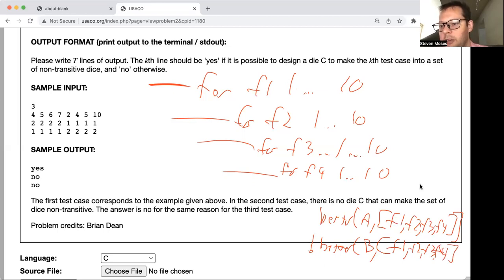Basically, what you're looking for is a situation where A is better than this die and B is not better than that die. There's ways you can optimize this.